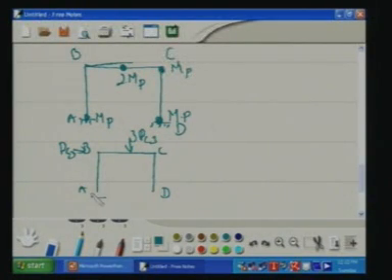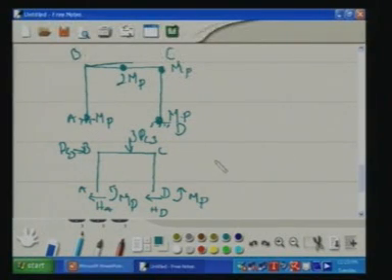So there will be a horizontal load HA at this point and HD at this point, and the value of moment is MP at this point, and again the value of moment is MP at this point.